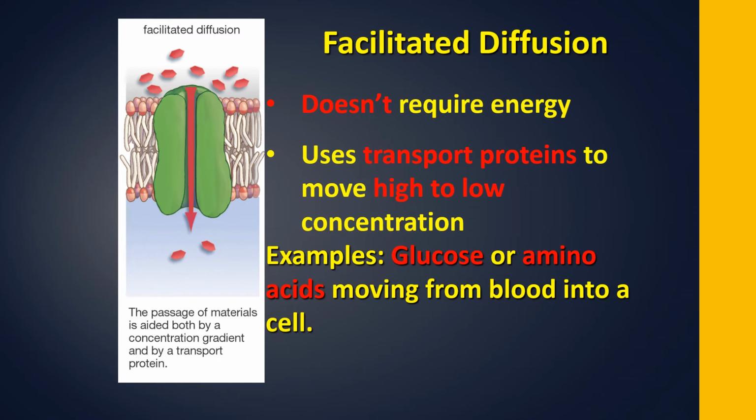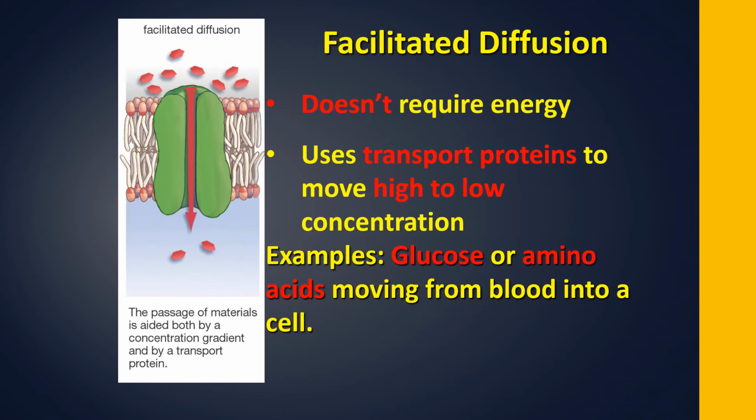Look at the plasma membrane in the illustration. There is what we call a protein. That protein helps in facilitating the entry of the different ions. Examples are glucose or amino acids moving from blood into a cell.